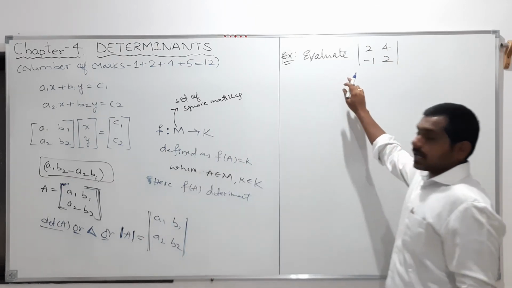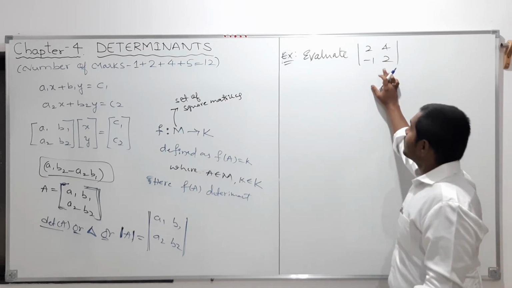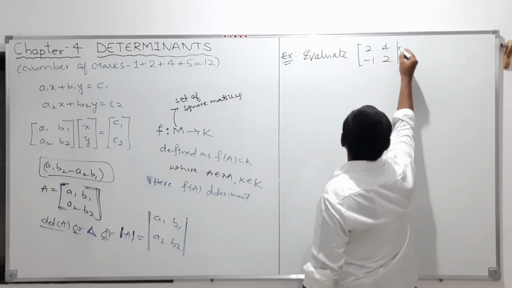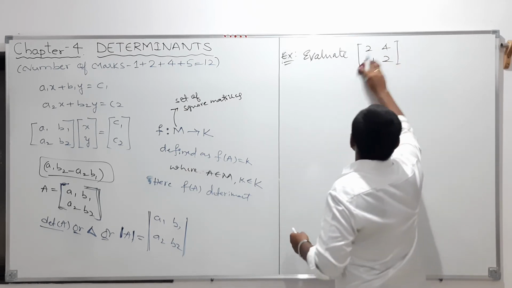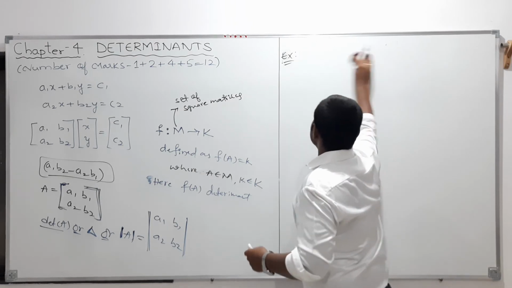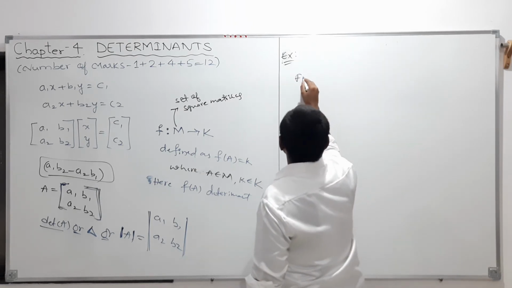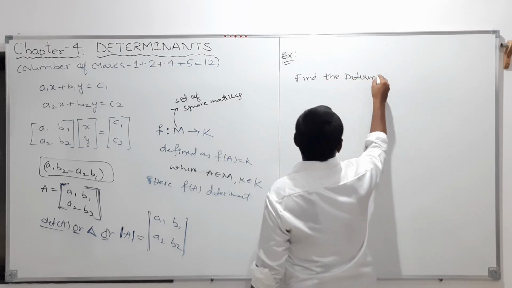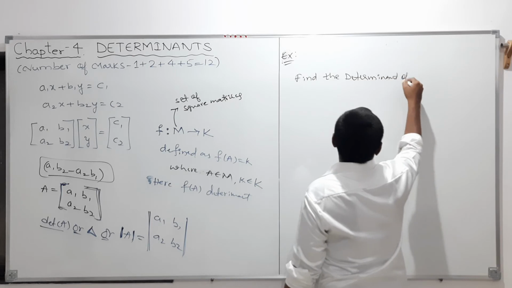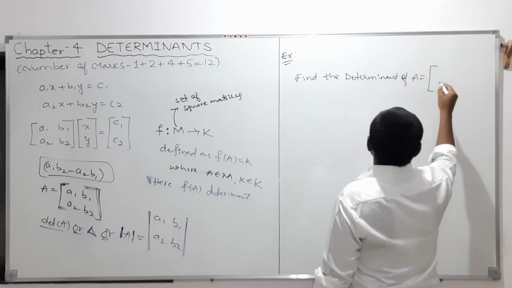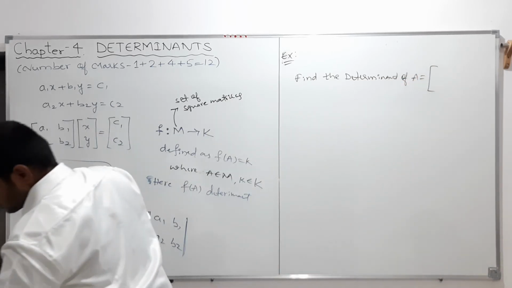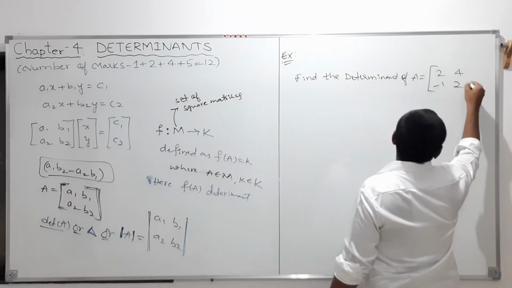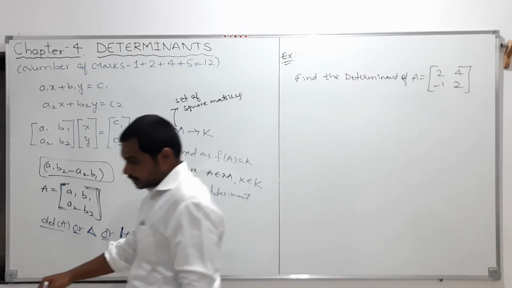They directly gave this to you. Or take it in matrix form so that you can easily understand: find the determinant of A. A will be given in matrix form, 2, 4, minus 1, 2.